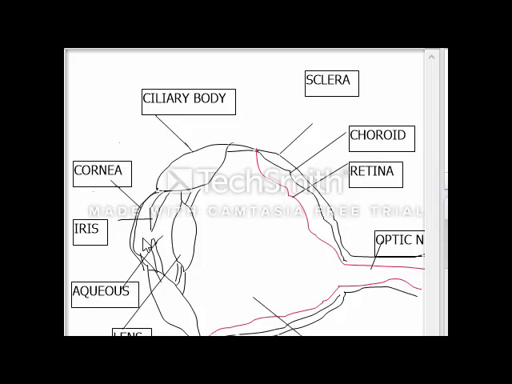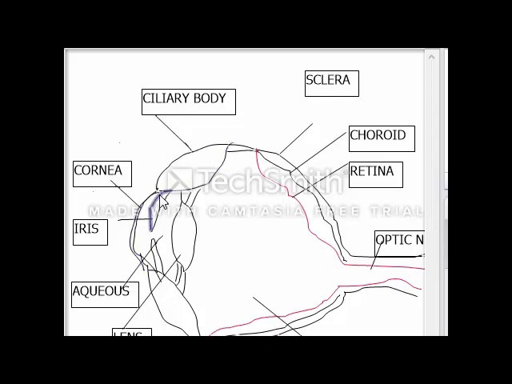It is from the anterior chamber that the aqueous humor will now drain into the angle of the anterior chamber. This angle is formed by the cornea in front and the iris in the posterior part. So this junction is called the iridocorneal junction, or the angle of the anterior chamber. It contains a canal where aqueous humor is drained.